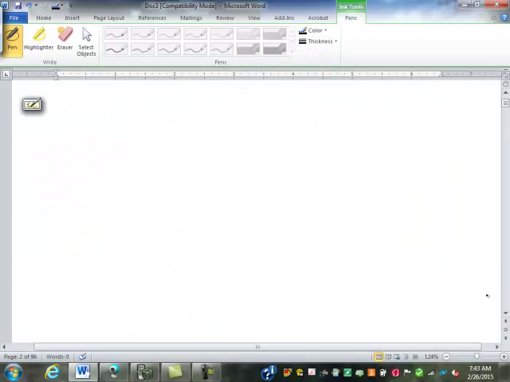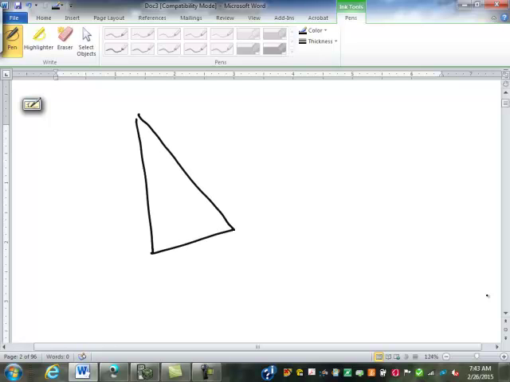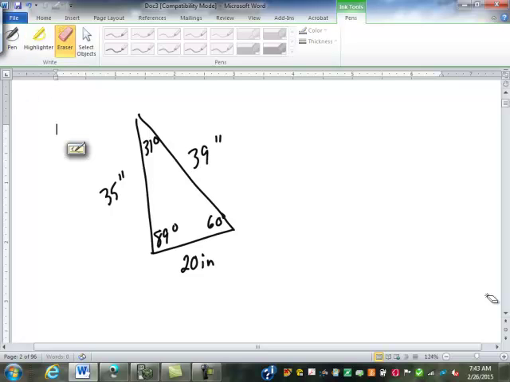Here's one that's a little bit different for you. Okay, so I've got the angles there.